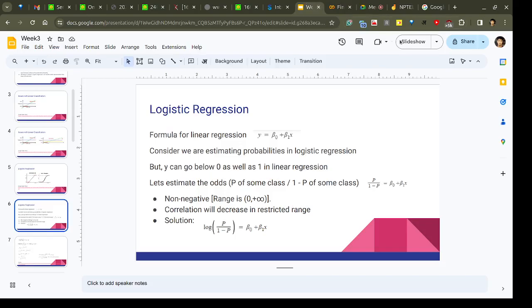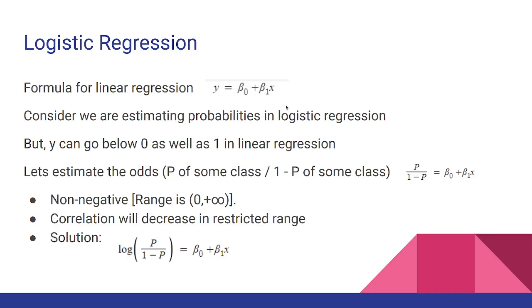Whatever class you are taking, you have to take the same for this also and this also. Basically in logistic regression, we take the log of something equal to beta 0 plus beta 1x. In linear regression we try to predict the value of y.